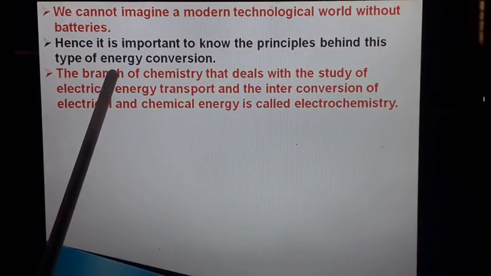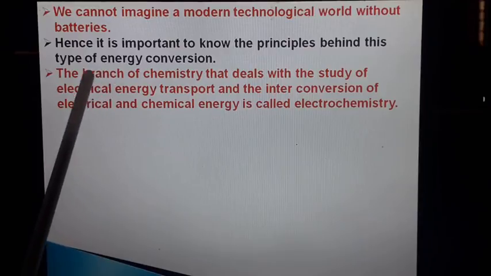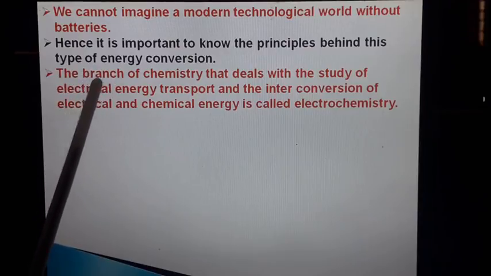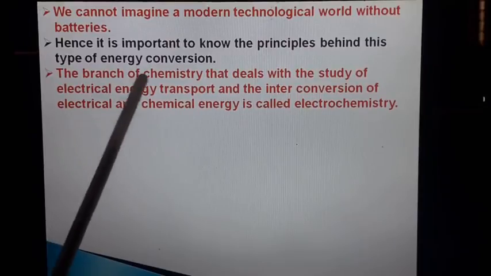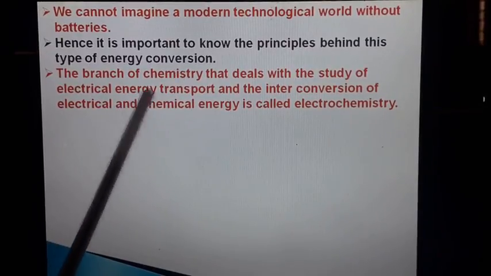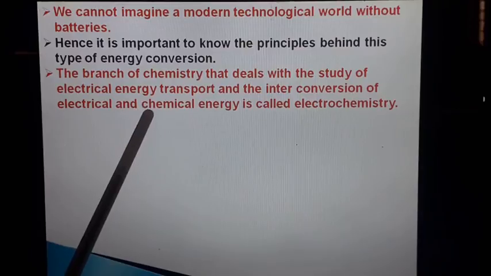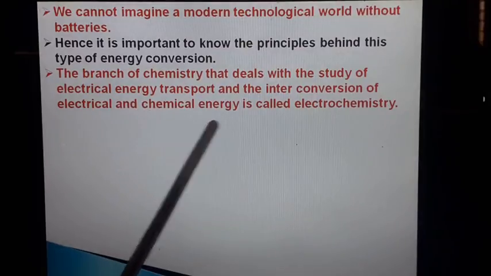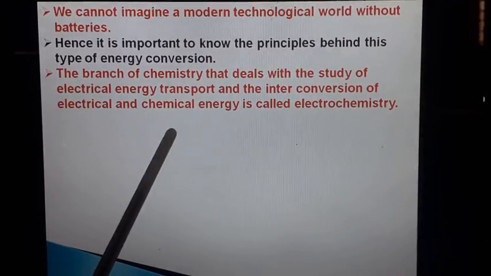It deals with the study of electrical energy transport and the interconversion of electrical and chemical energy. This is the definition.